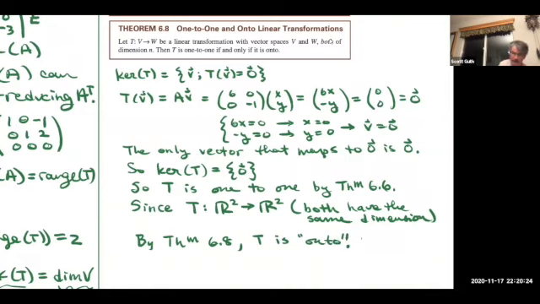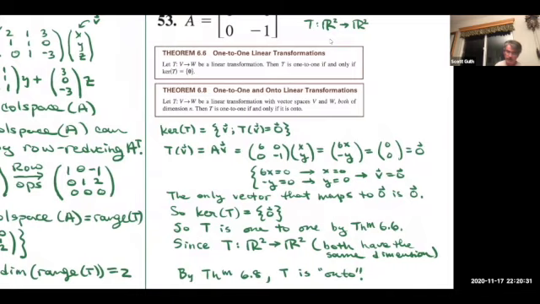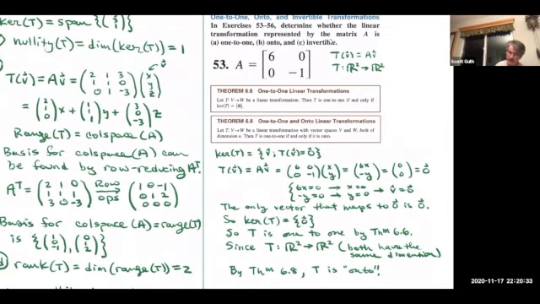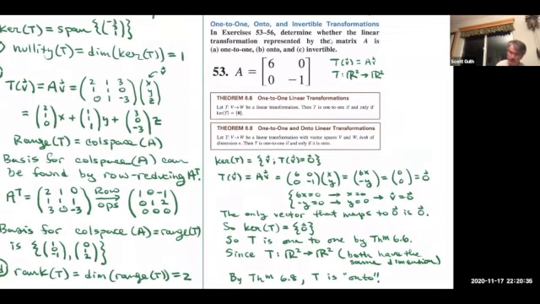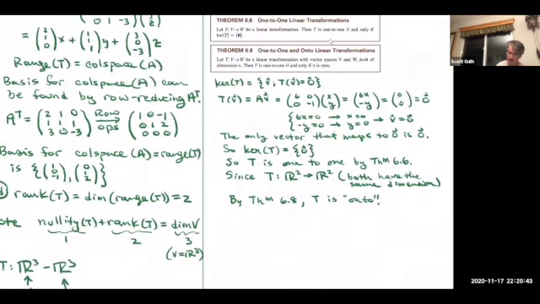So we can say that. Okay, and let's see if we've answered everything here. It says determine whether the transformation is one-to-one, onto, or invertible. And well, I guess we better grab another theorem here. So let me pause for a second while I grab the other one.